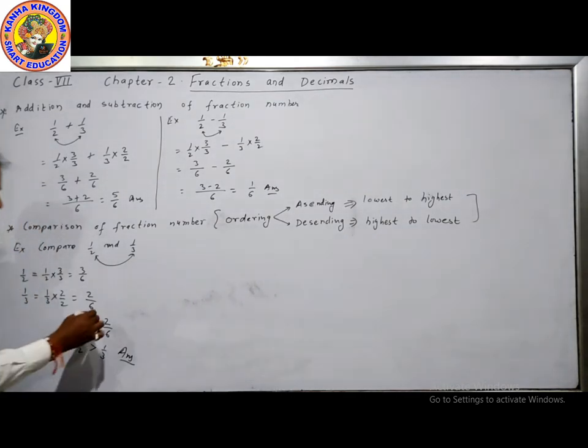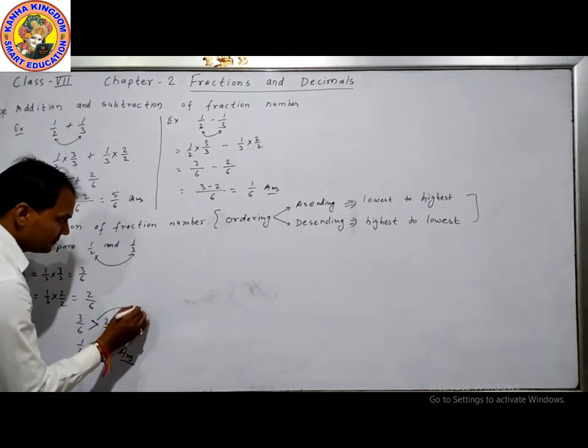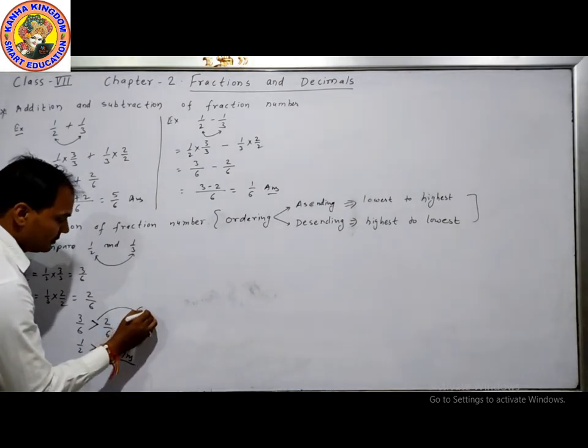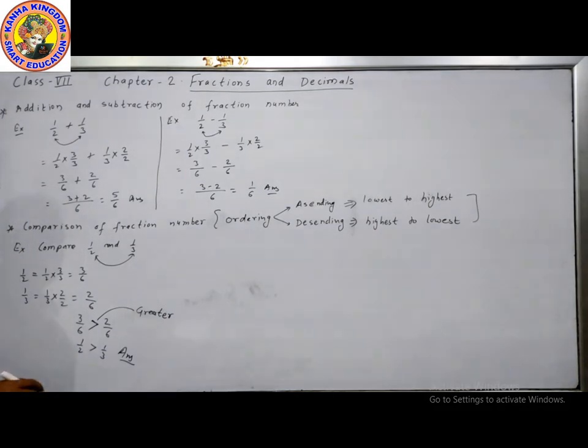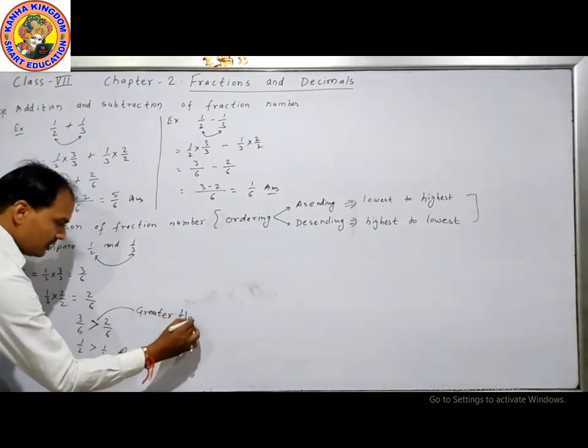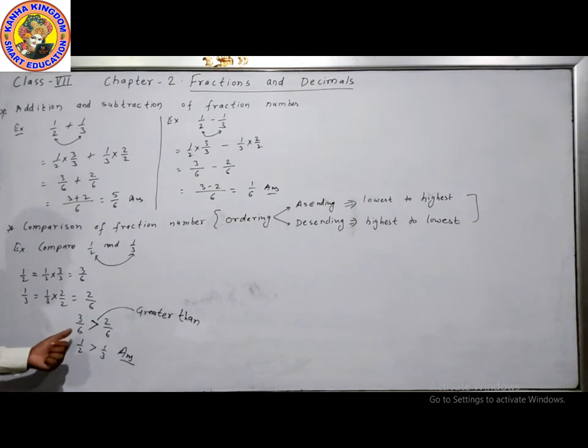This is the symbol of greater. 3 by 6 is greater than 2 by 6. Which number is 3 by 6? 1 by 2. Then we replace 3 by 6 by 1 by 2.